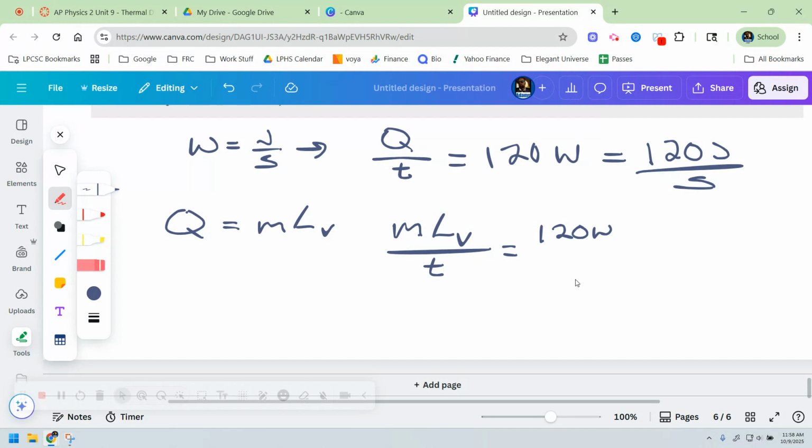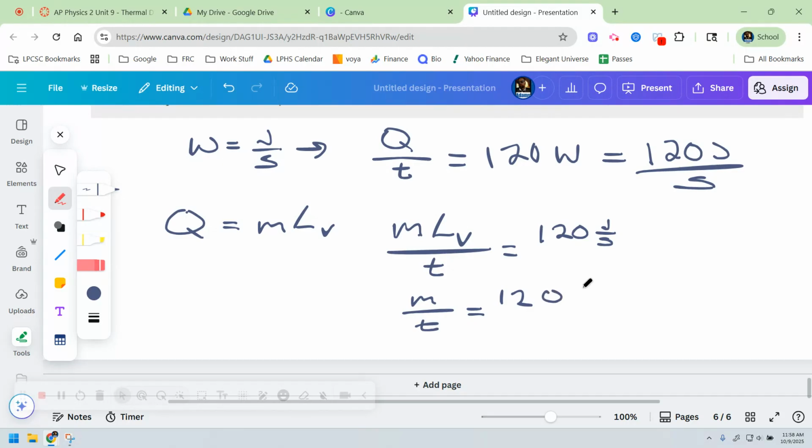And then this is an interesting thing. I can find the mass over time if I do algebra and divide both sides. Oops, I made one little minor mistake here. This should be joules per second and not watts. So we're going to leave this as joules per second.